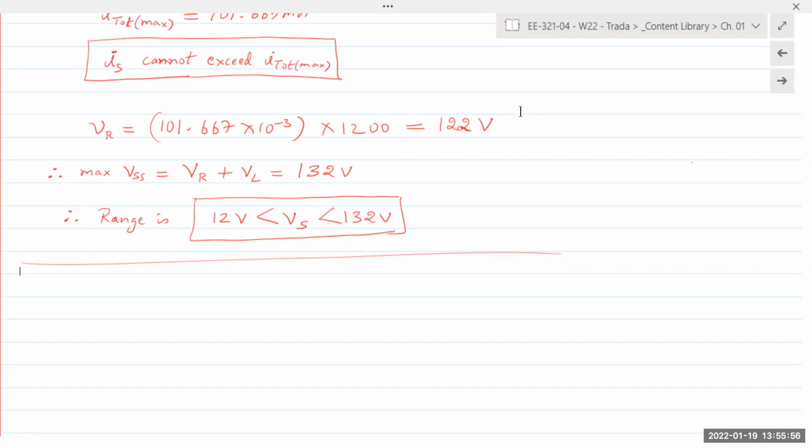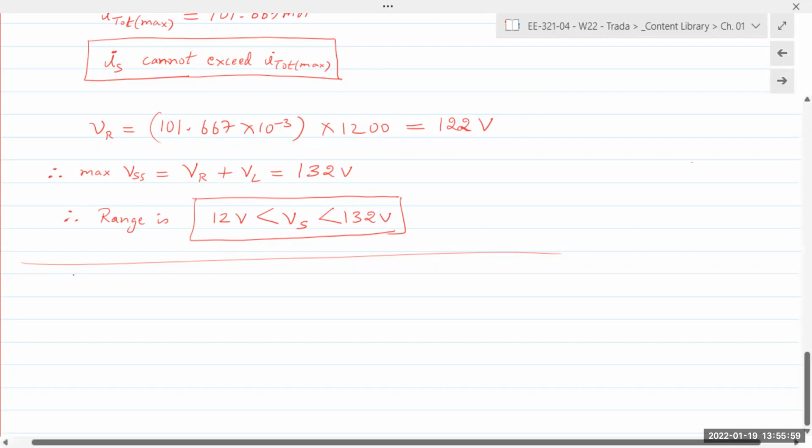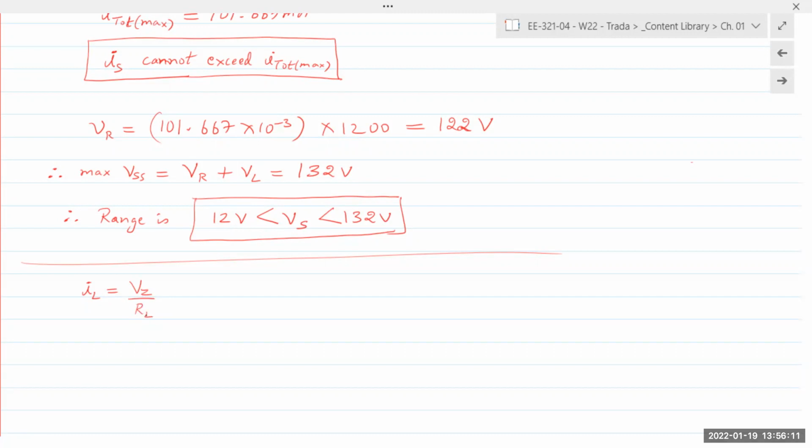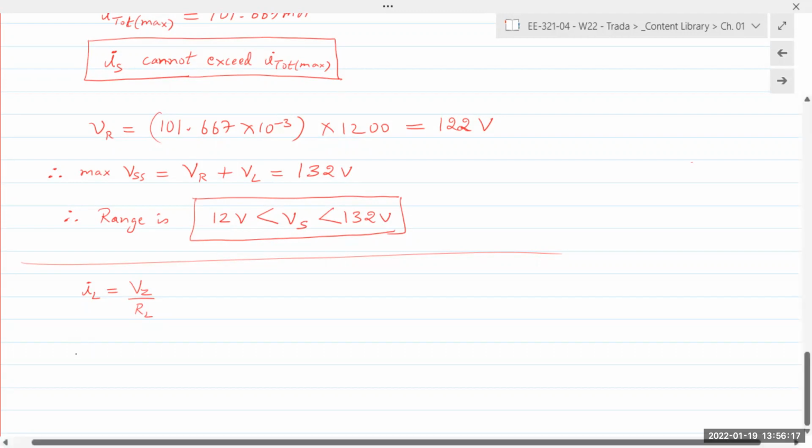Now, if the Zener is on, then IL is simply the Zener voltage over RL. This time we won't put a minus sign. We just take 10 volts divided by RL because that's what it's supposed to be. So 10 volts divided by RL gives you the load current. That should not change, of course.